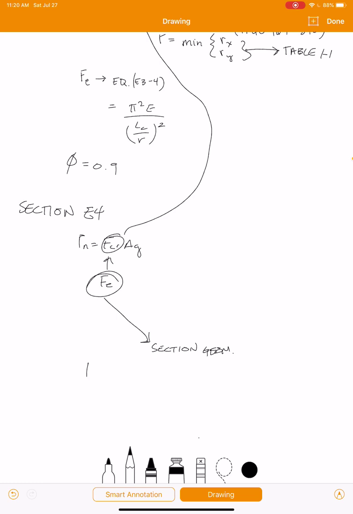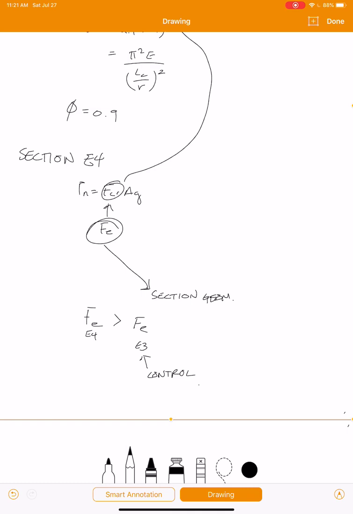So if your Fe from Section E4 ends up being greater than your Fe from Section E3, then you know that Section E3 is going to control, and you actually don't need to finish calculating your Pn, because you know that your Pn for E4 is going to be greater than your Pn for E3.